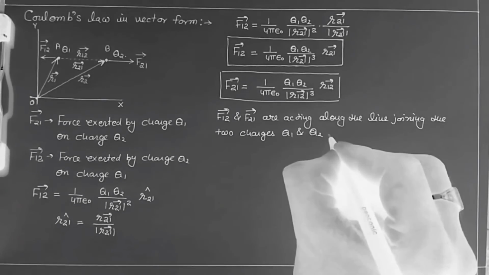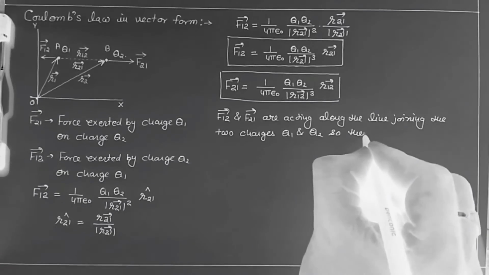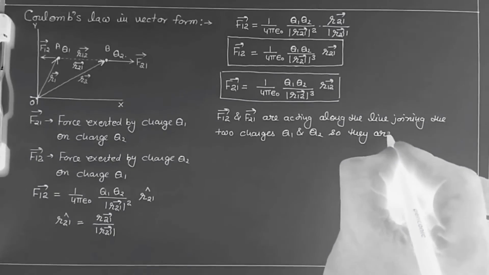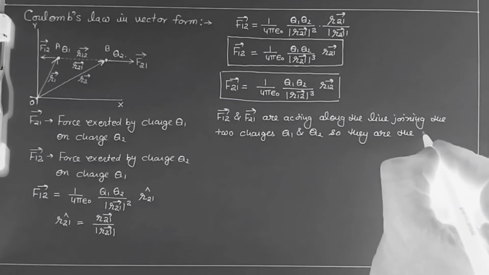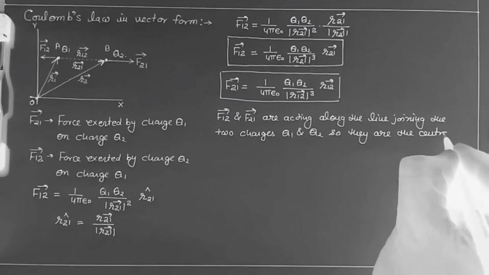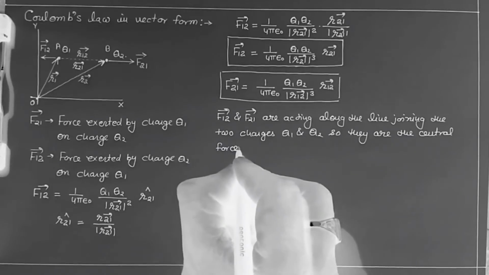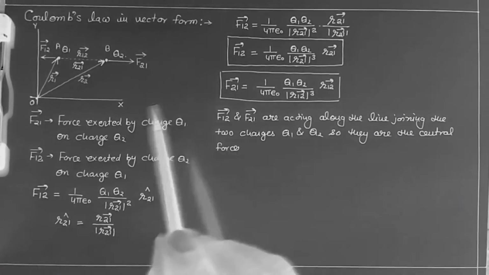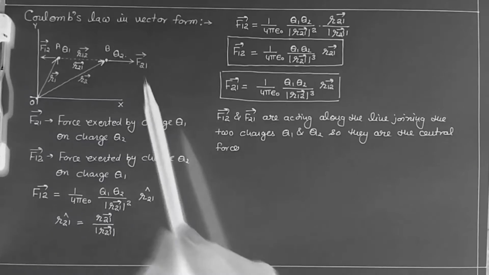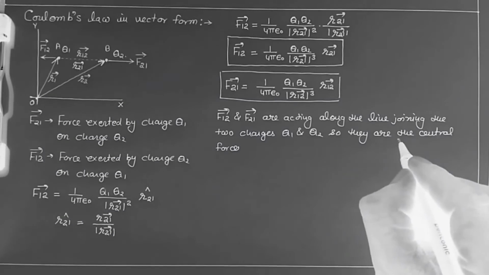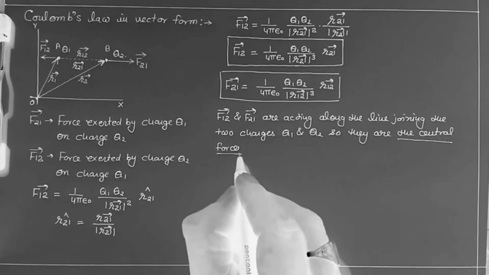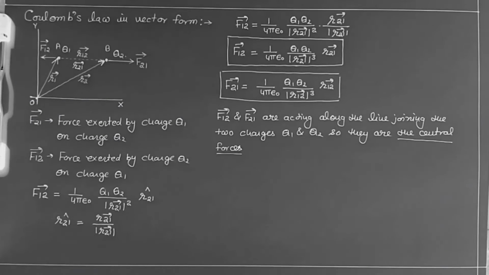So they are the central forces. Here you can conclude that the force F12 vector and F21 vector are central forces. Central forces means they are acting along the line joining the two charges, right.